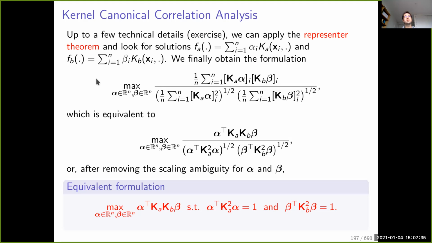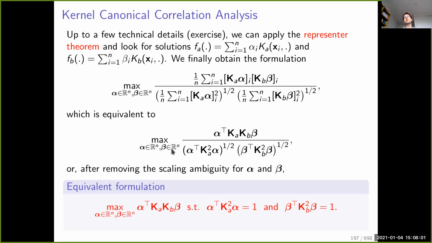And by playing with these kernel notations that you are now very familiar with, we can introduce the kernel values and the product between these coefficients alpha and the kernels, and here the coefficients beta and the kernel matrices. Such that this gives us this maximization problem over alpha and beta, where alpha and beta are two vectors in Rn.